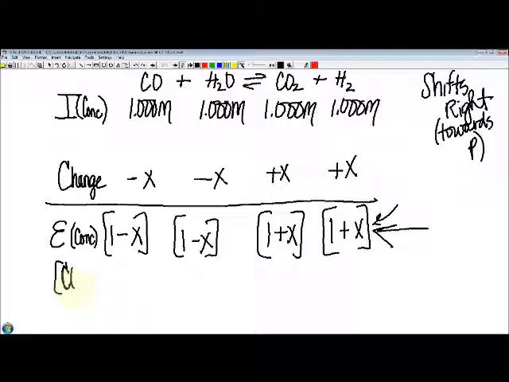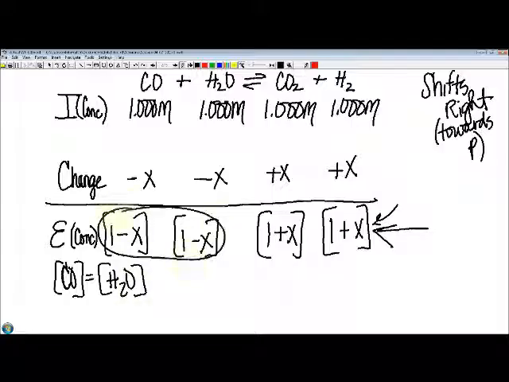So the concentration of the CO is equal to the concentration of the H2O, because they're both 1 minus x, right here. So to find what those concentrations are, we take 1 minus the x that we just solved for, which is 0.387. So both of those guys equal 0.613 molar.